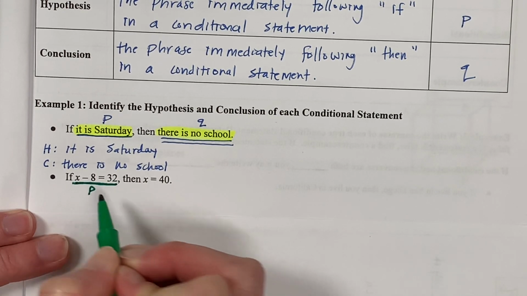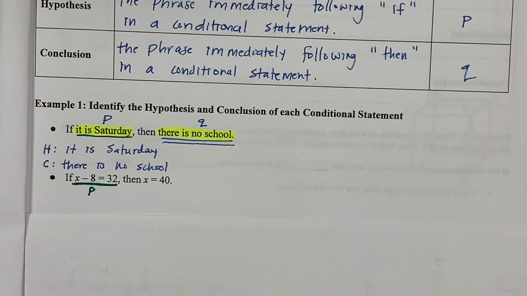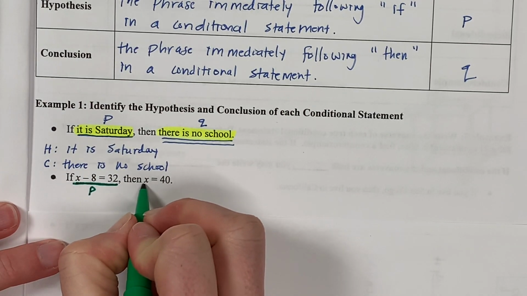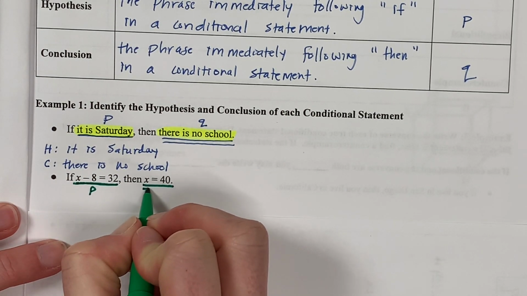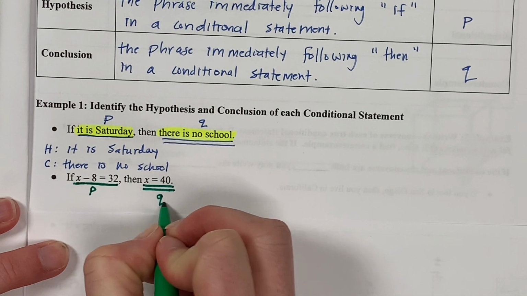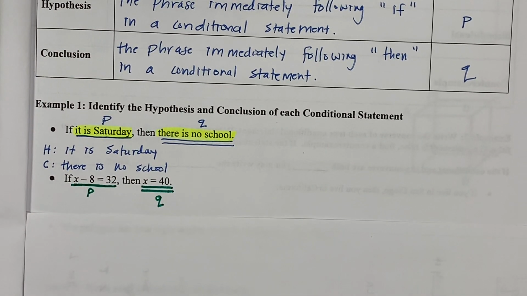I denote that with the letter P. The conclusion is the phrase immediately following then. So I have x equals 40. I'm going to put 2 lines under that for the conclusion, denoted by the letter Q. You could also write it out by hand. Hypothesis is x minus 8 equals 32. Conclusion is x equals 40.